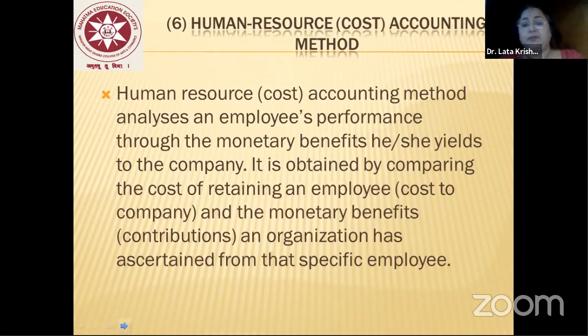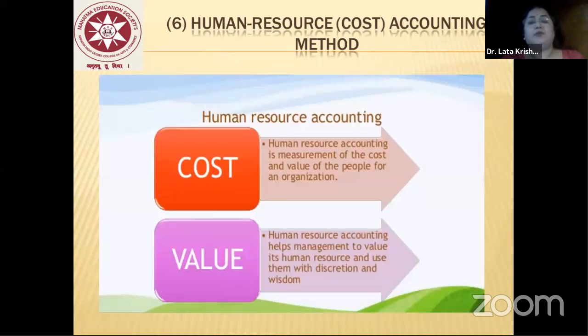So the contribution made by the employee is more than the cost that he is incurring on the company. So this is an example. Human resource accounting is the measurement of the cost and value of the people for an organization. Human resource accounting helps management to value its human resources and use them with discretion and wisdom.